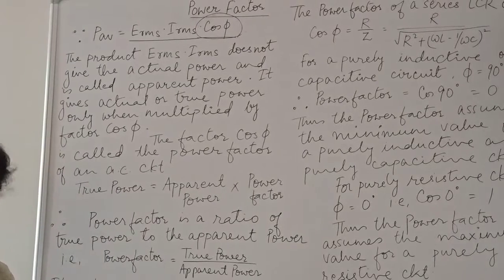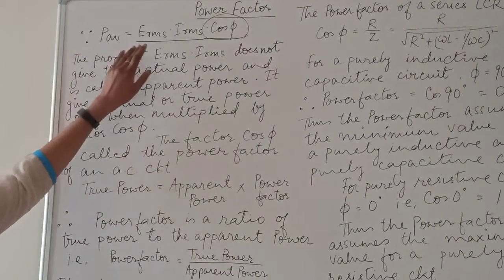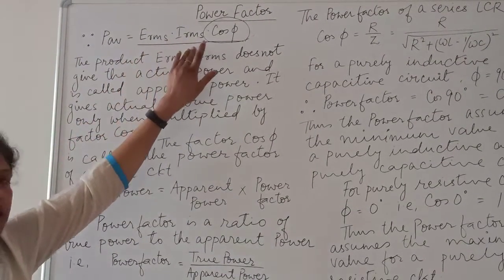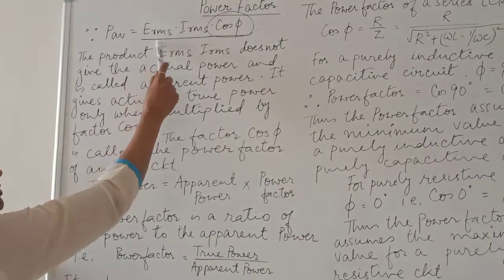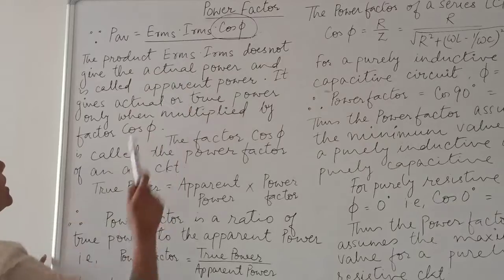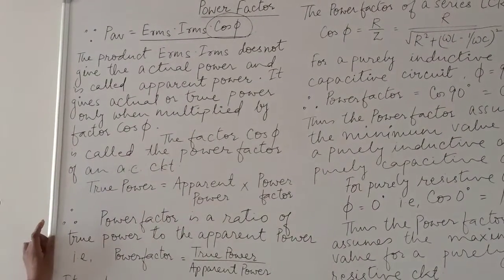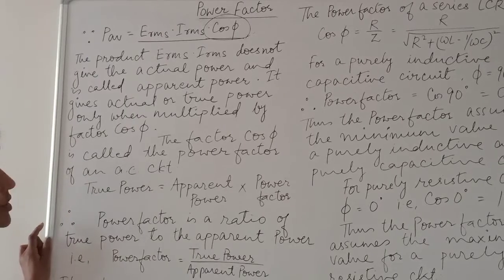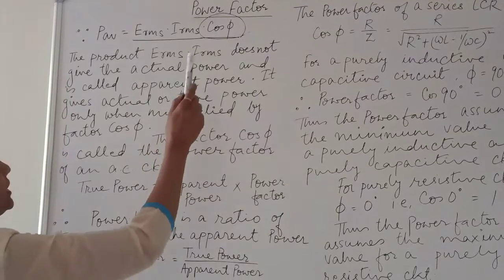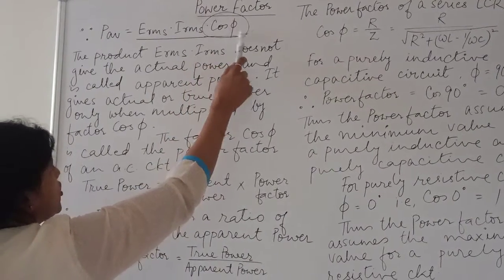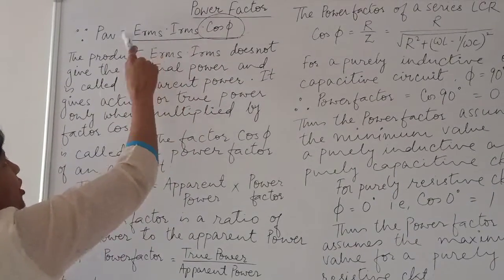Once again, I am repeating. In this relation, E RMS, I RMS, cos φ, the product of E RMS and I RMS does not give the actual power and is called apparent power. It gives actual or true power only when a factor cos φ is multiplied by this product.